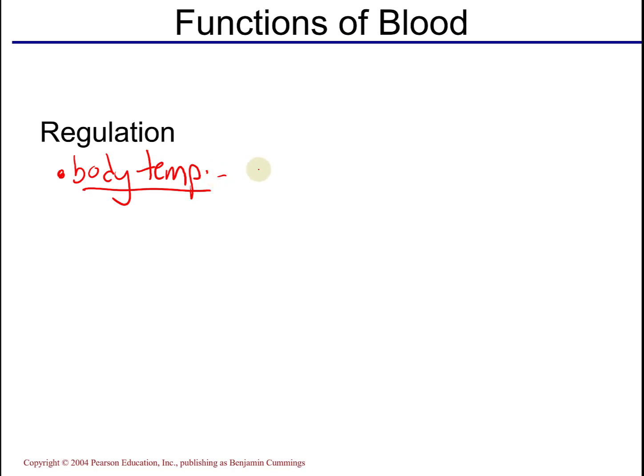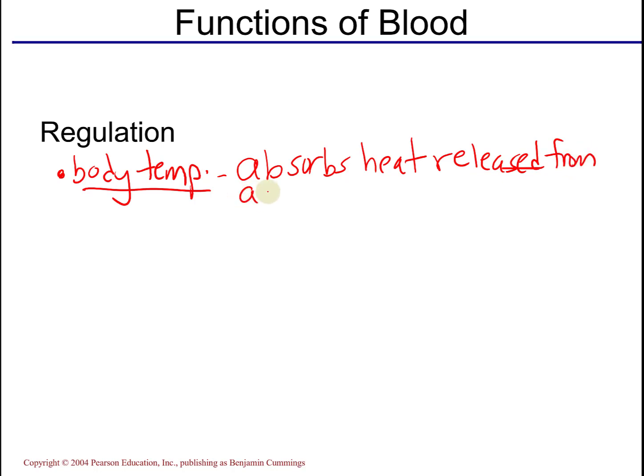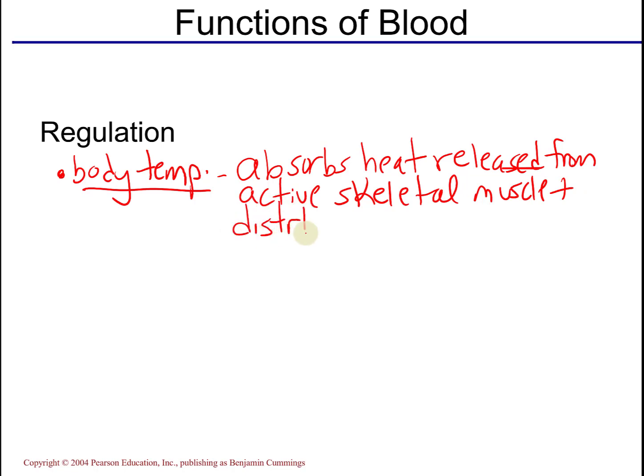What happens is that blood absorbs the heat released from active skeletal muscles, and then it distributes it throughout the body. And in this way, blood regulates your heat.